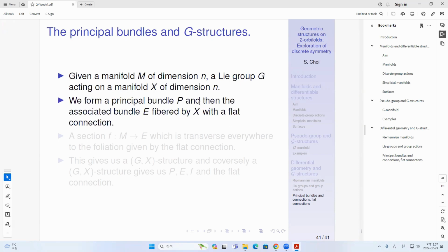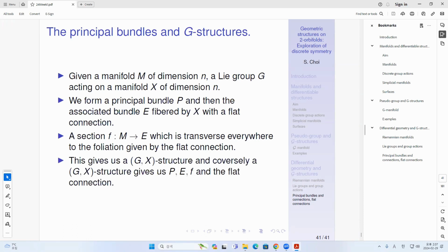Suppose we have a principal bundle P; then you can find the associated bundle E with fiber isomorphic to X, with flat connection. Then take a section which is everywhere transverse to the foliation given by the flat connection. If we can do that, that gives you a (G,X)-structure, and conversely a (G,X)-structure gives you P, E, and F and all these bundles.